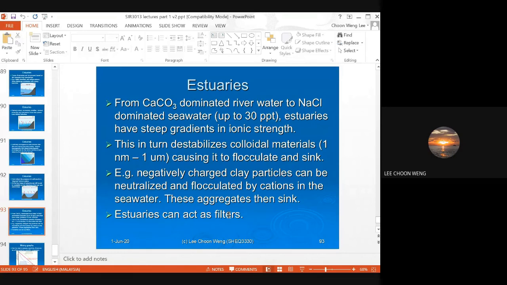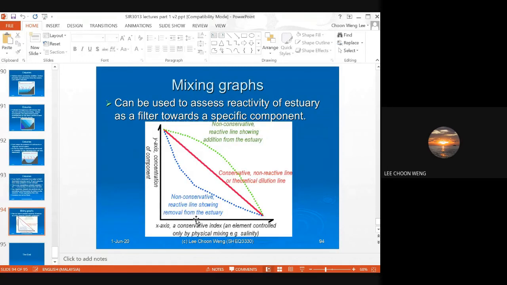So mangroves are good as filters, and estuaries are also important as filters. So how do you know whether your estuary is acting as a filter, removing components from the river water?